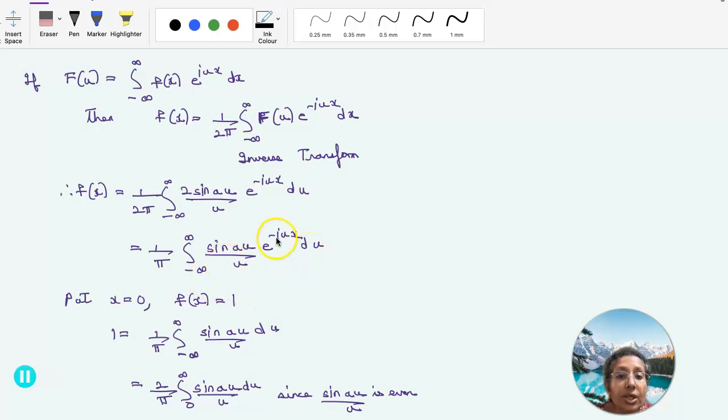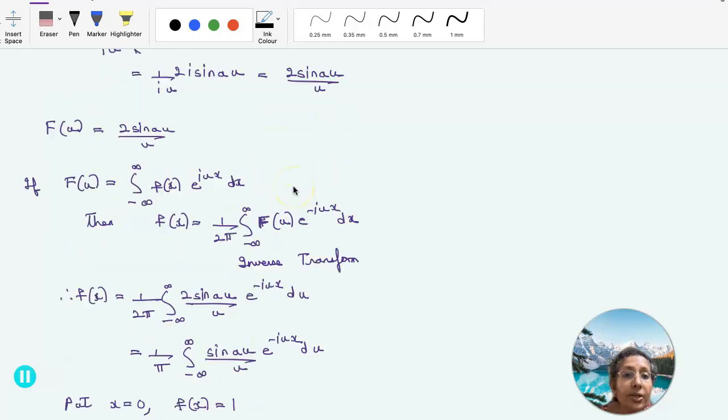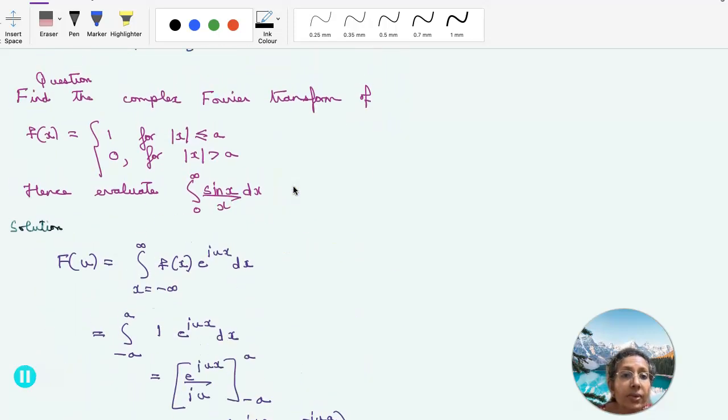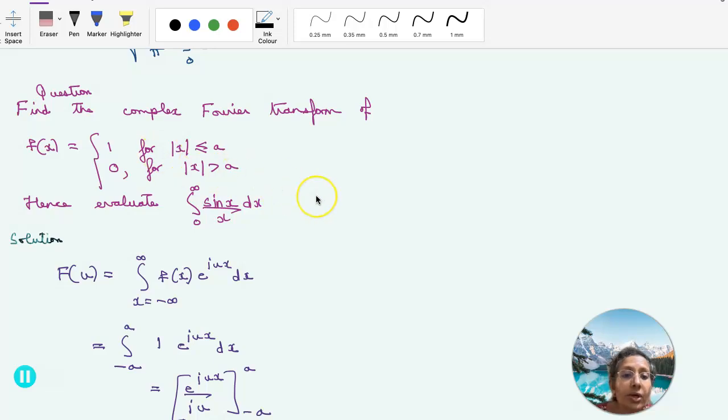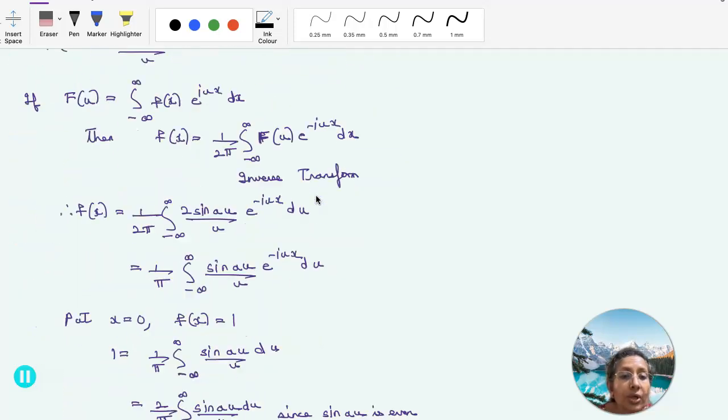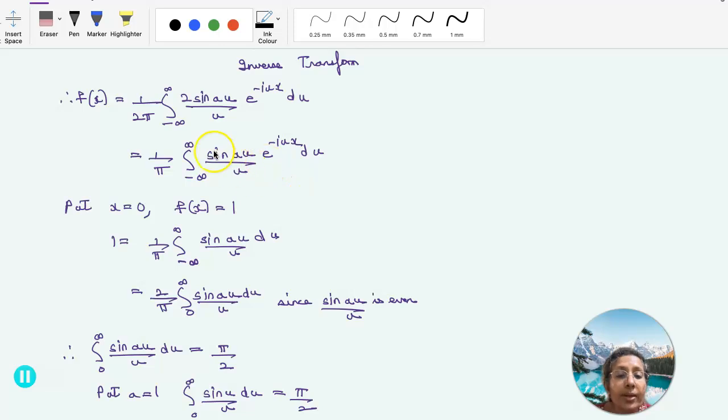Now if I put x equal to 0, f(x) will be 1, because coming back to our original definition, when x equal to 0, f(x) will be 1. So you get 1 equal to 1 by pi integral minus infinity to infinity sin au by u du, and sin au by u is even, because sin is odd and u is odd, so you get an even function.